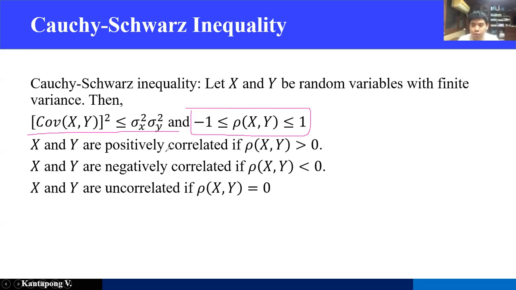We can divide it into three categories. If X and Y are positively correlated, rho XY is greater than 0, so we may want to visualize something like this direction. If X and Y are negatively correlated, rho of X and Y is less than 0, we can imagine something like this one.